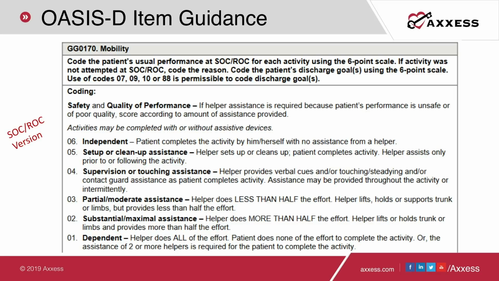The use of code 7, 9, 10, or 88 is permissible to code discharge goals. So again, looking at that 6-point scale: 6 is the patient is independent, 5 is setup or cleanup assistance only, 4 is supervision or touching assistance only, 3 is partial or moderate assistance, 2 is substantial or maximal assistance, and 1 is dependent.